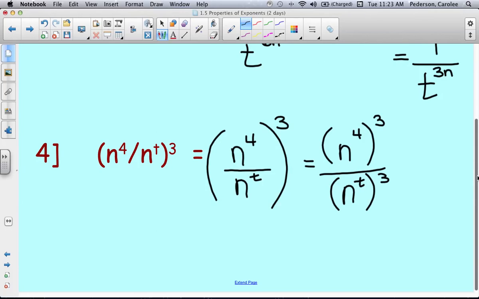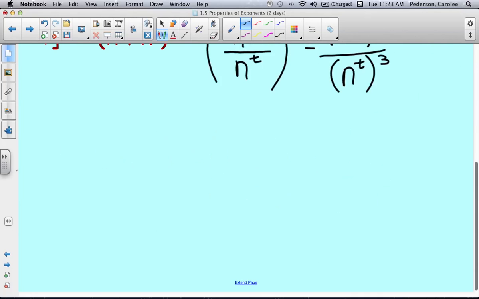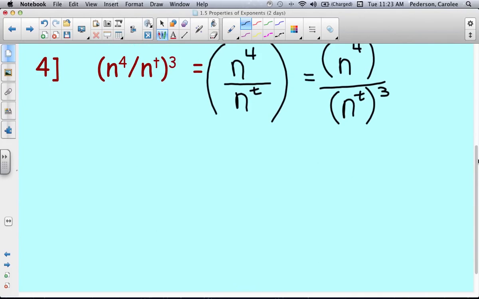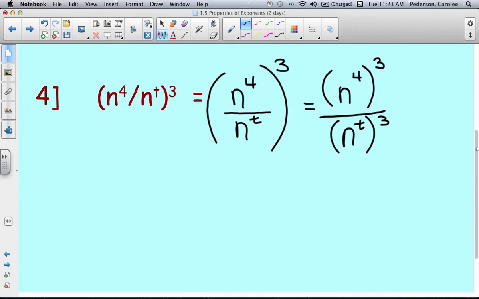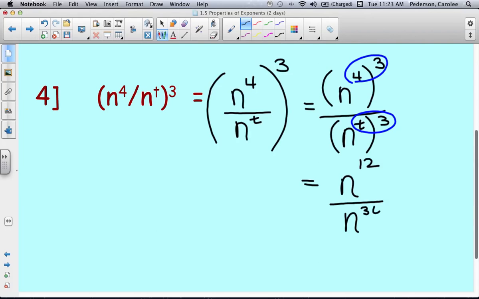So we've just distributed in. Now, to simplify that, the power to the power rule says that I can multiply my exponents. I'm going to multiply my 3 and 4, and I'm going to multiply my 3 and my 2. So I get n, 3 times 4 is 12, over n raised to the 6.